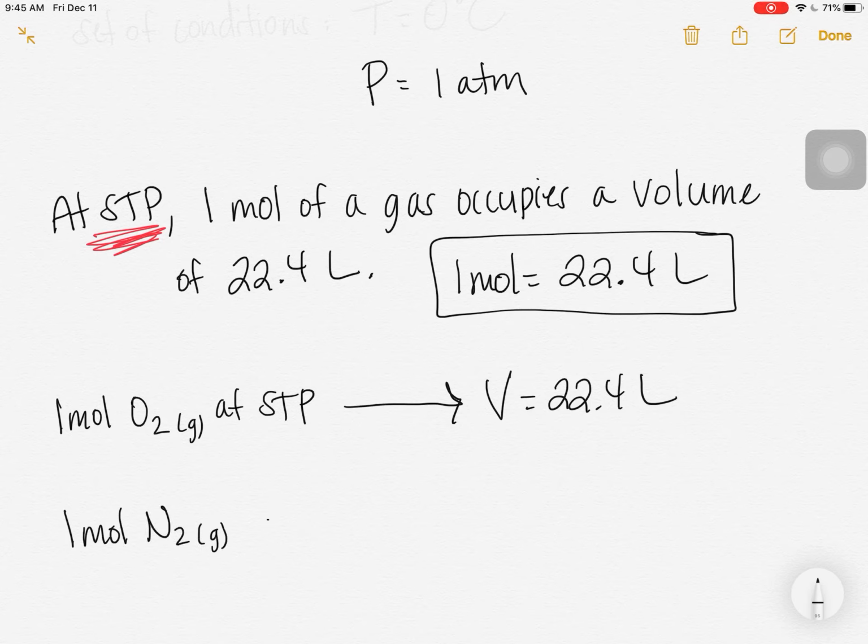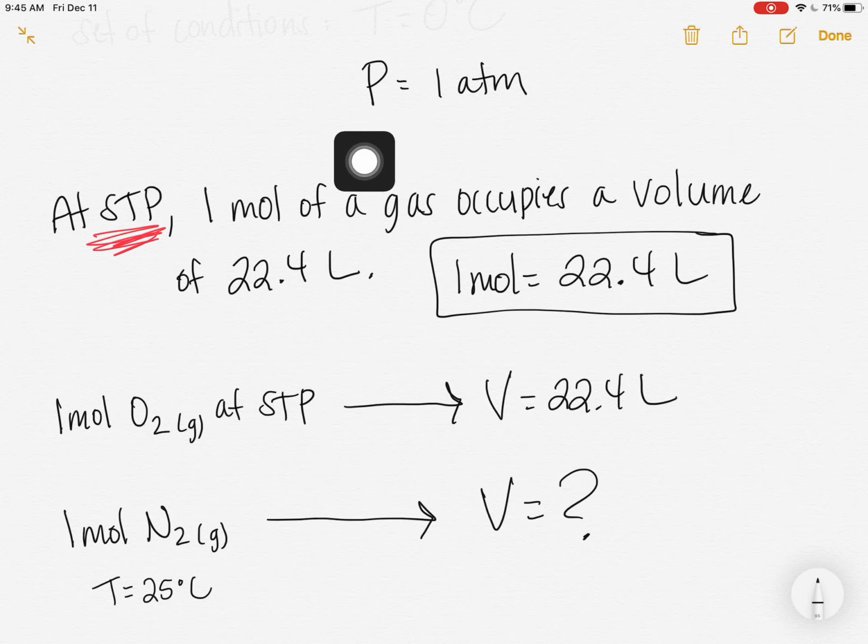However, if you're told that you have 1 mole of nitrogen, but you're not told it's at STP, or maybe you're told it's at a temperature of 25 degrees Celsius, for instance, then with our knowledge right now, we don't know the volume. That's because this mole to volume relationship that we've just discussed is only true at STP.